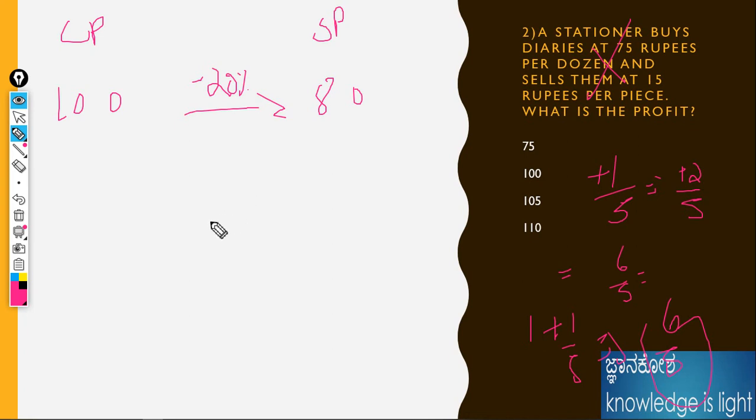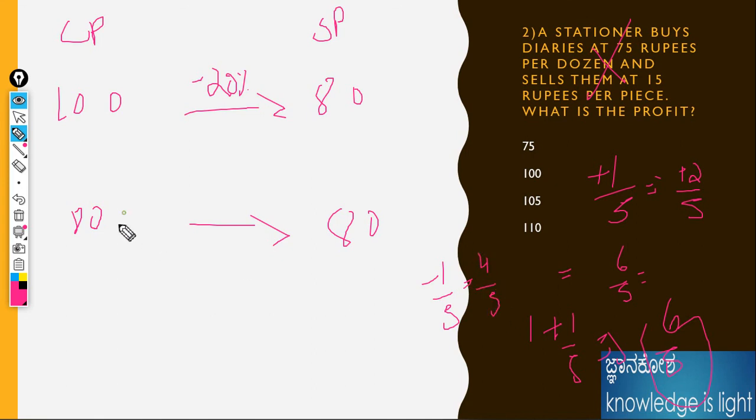If fractions are coming, we can't calculate like that. First I will tell how it is. 80 is coming. If the selling price is given, keep it as 80 here. 20% loss means 20% is 1 by 5, and 1 minus 1 by 5 is 4 by 5.